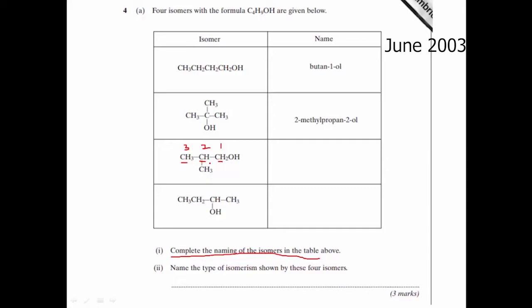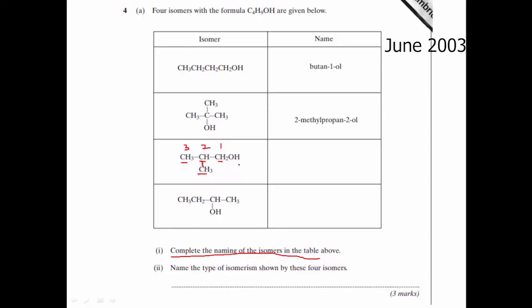Because we have 3 carbons, it's going to be propane, and there's a branch on the second carbon, and it only has 1 C. So it's going to be methyl, on the second carbon from the longest chain, so it's 2-methylpropane.